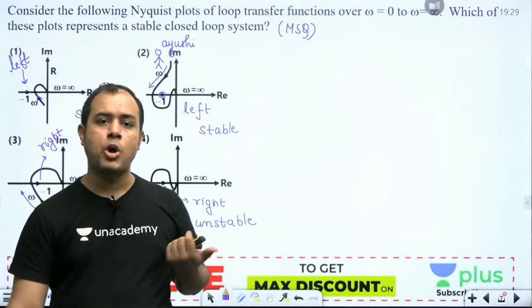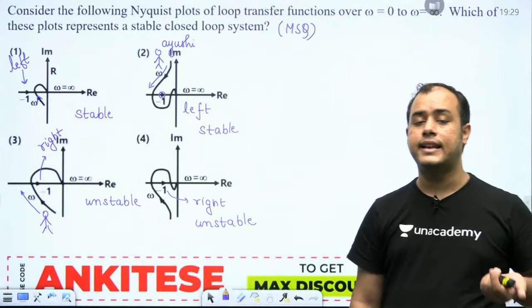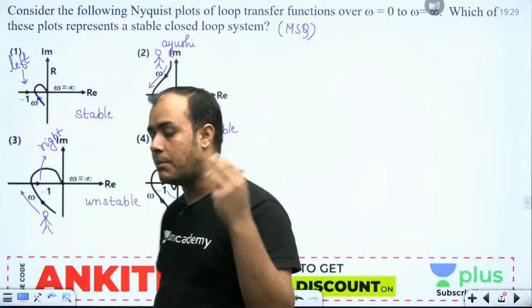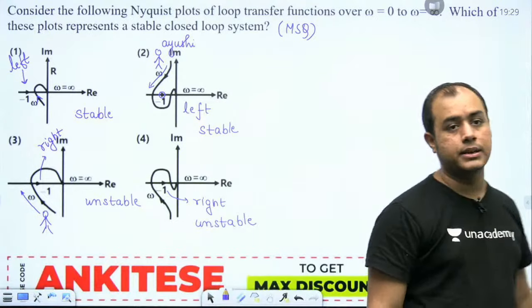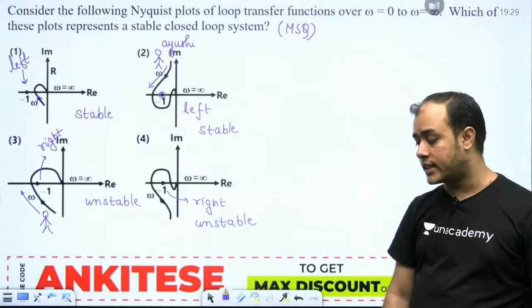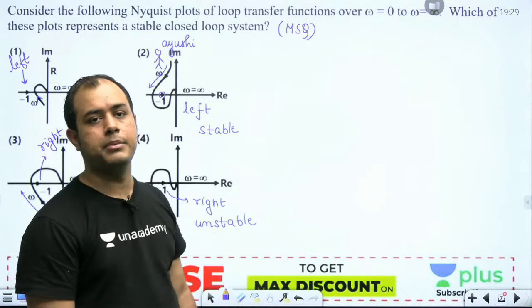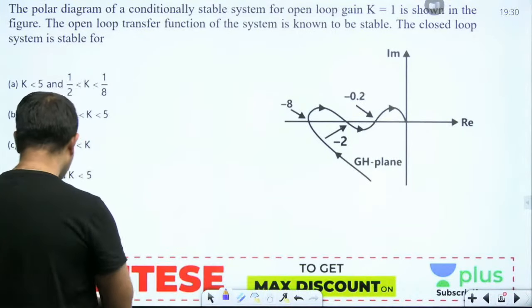But after the polar plot, the Nyquist plot is very simple. I gave you a shortcut in the last lecture: polar plot plus inverse polar plus number of infinite semicircle equals the type of the system. But remember that shortcut was for minimum phase systems.